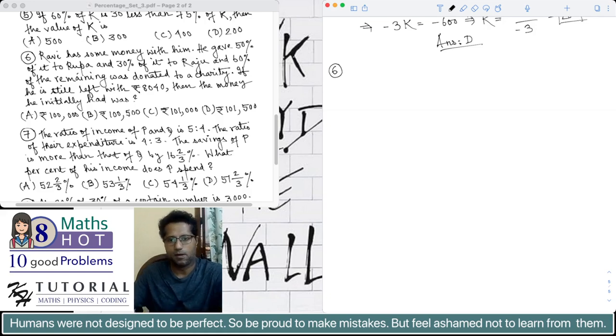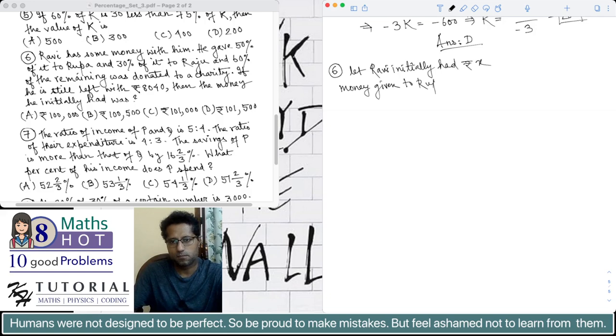Okay, so let Ravi initially have rupees X. Now money given to Rupa is 50% of the original money that Ravi had, which is X. This is equal to 50 divided by 100 multiplied by X. This is X by 2.